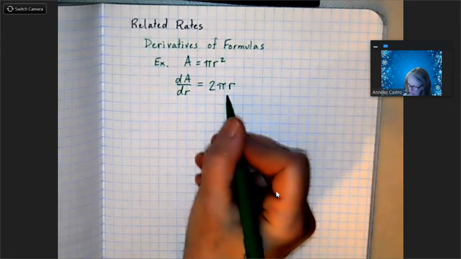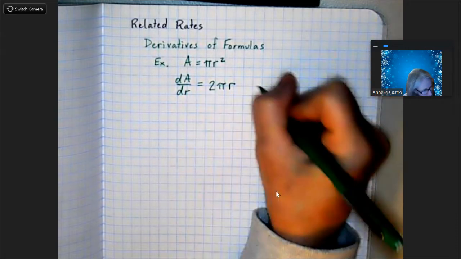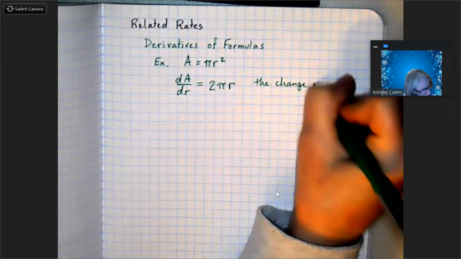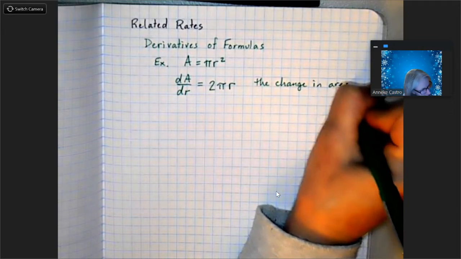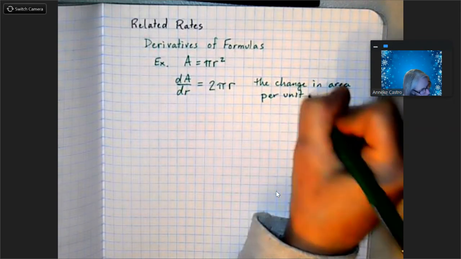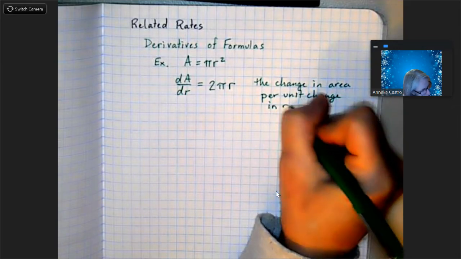Okay, so what does this mean? What is the meaning of the derivative? This is the change in area per unit change in radius.